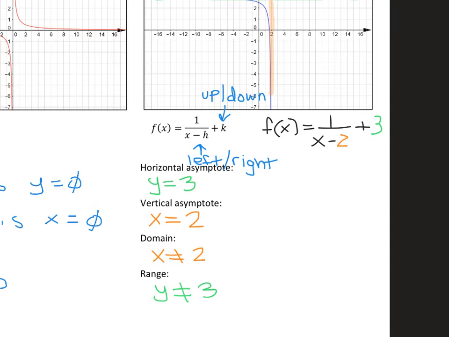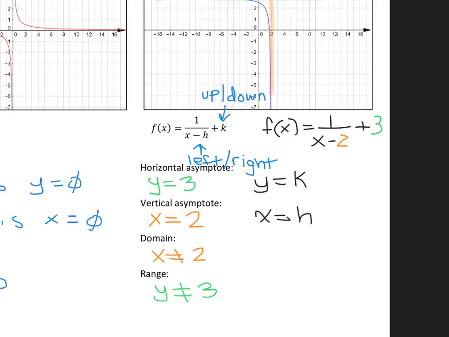So if we generalize then, if k is responsible for shifting up or down, then I could generalize and say that my horizontal asymptote is going to be at y equals k. Likewise, if our h variable is responsible for shifting right or left, I could say that my vertical asymptote is going to be x equals h.